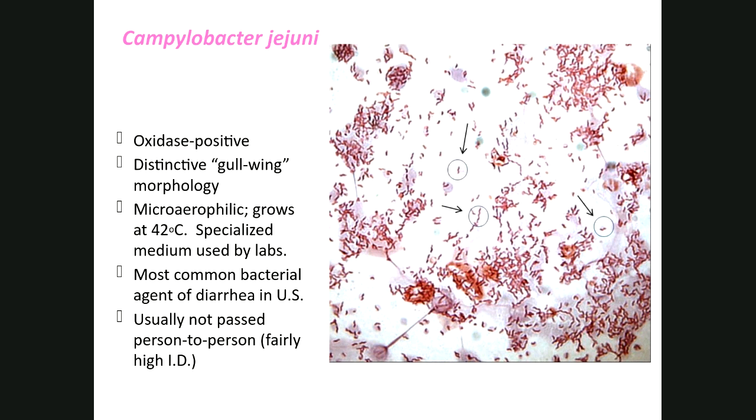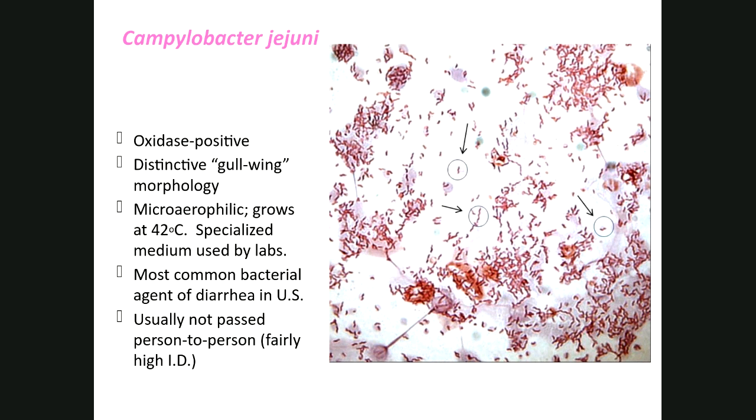Campylobacter jejuni is a gram-negative cocobacillus, which gives a gull wing morphology on gram staining. Gull is derived from seagulls.